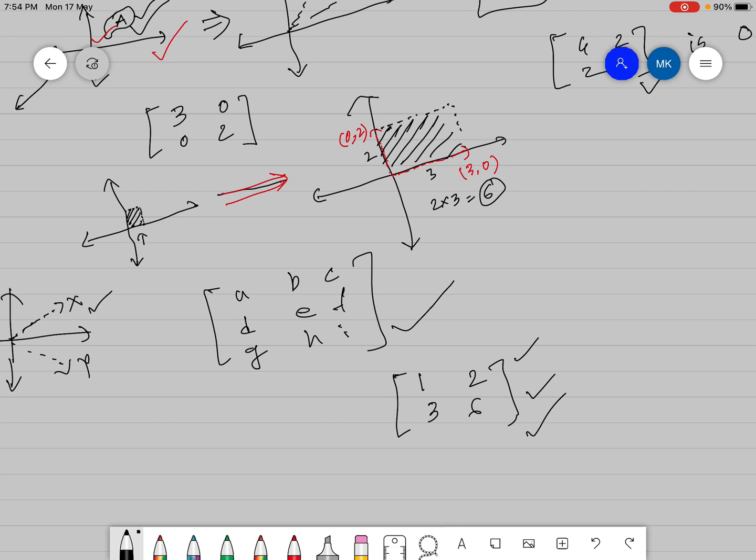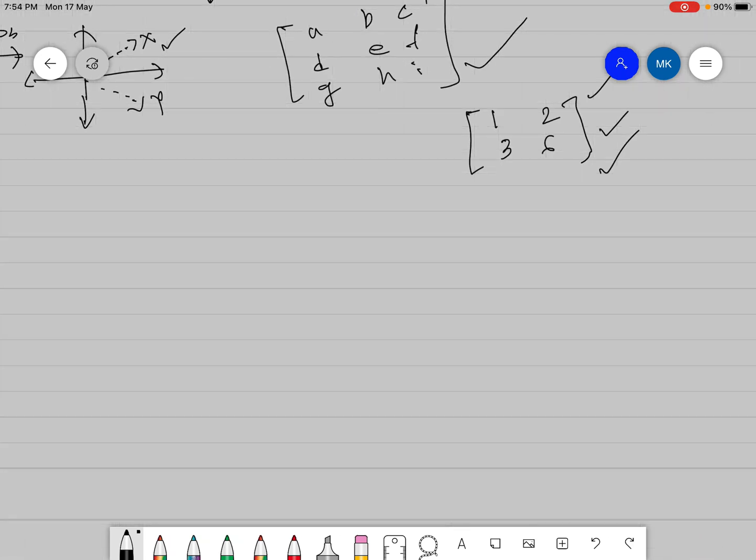Okay, so let's get back to our previous concept, which is inverses.